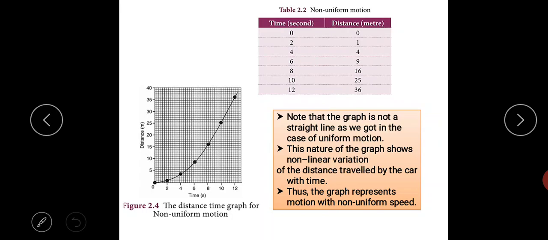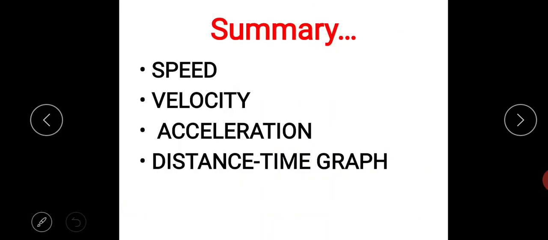So one thing you have to remember: for uniform motion the graph will be steep and linear. For non-uniform motion it is non-linear.